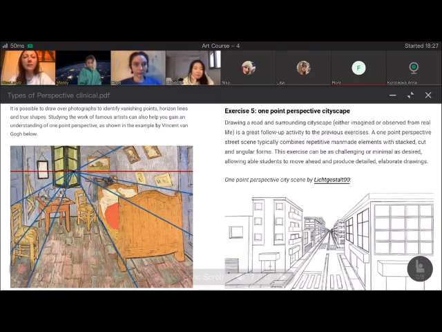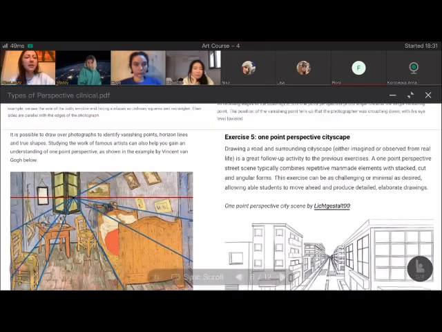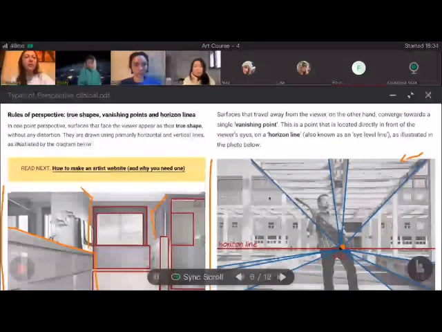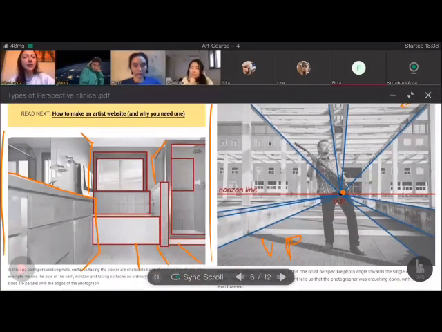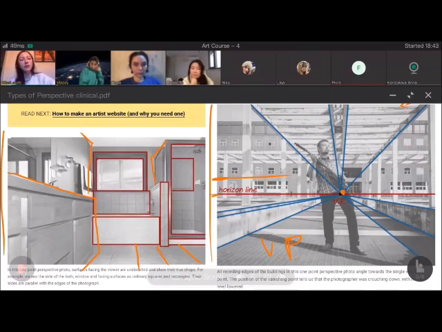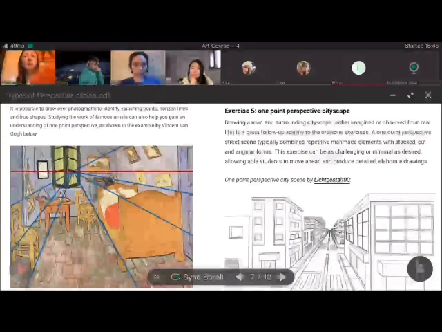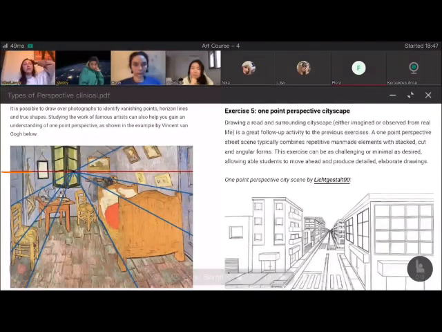Here, for example, the vanishing point and horizon line are not like in the previous picture with the musician. There, the horizon line is a little bit underneath the middle of the work. Here it's above, right? This is exactly what I'm talking about when I say it's important where your eyes are. In this case, the eyes are a little bit above, and that's where all the descending lines meet.